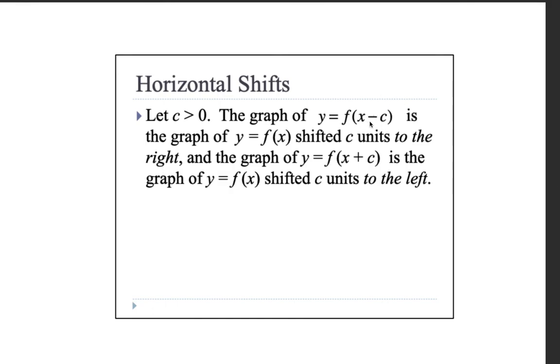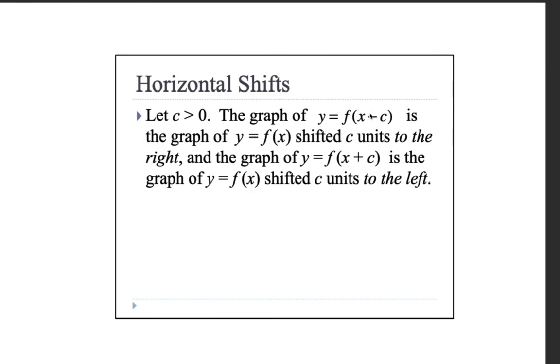When we subtracted outside, it moved down, and when we added outside, it moved up, which is what we would expect. But when we're subtracting inside, it's the opposite of what we would think, and it affects horizontal things.